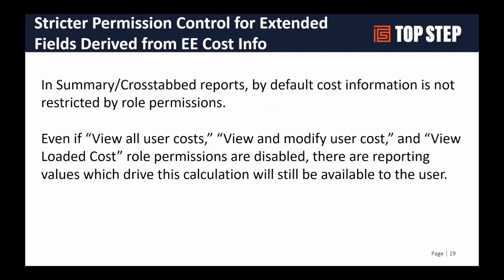And if you don't have the permission to view or modify at all, and you try to pull a cost value into a report or try to run a report with it, you get told you don't have permission to run this report. However, it didn't keep you from being able to use custom calculations that use that value. And so you were still able to run reports, even though cost was a factor in the report. It wasn't a direct value in the report.